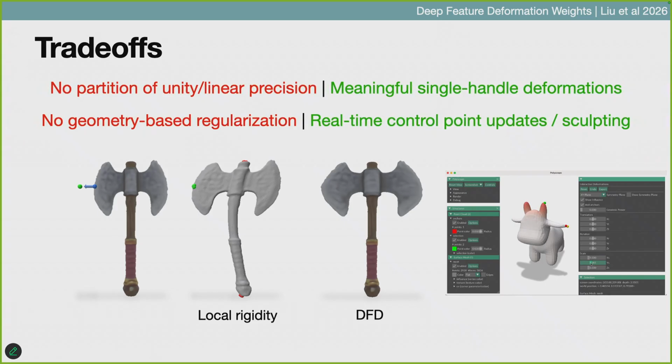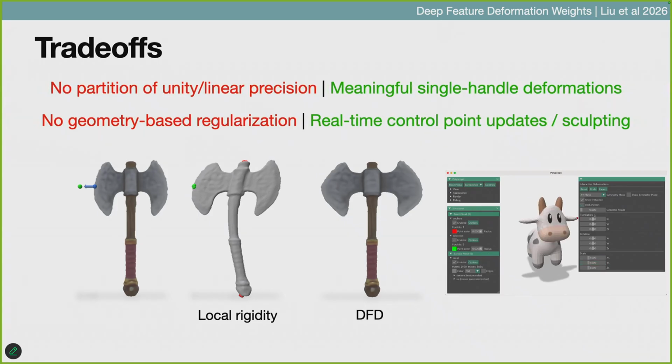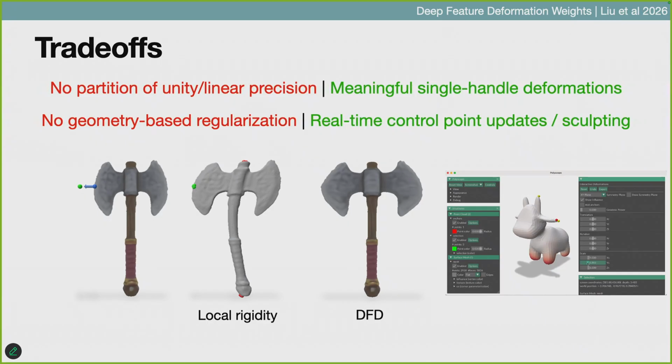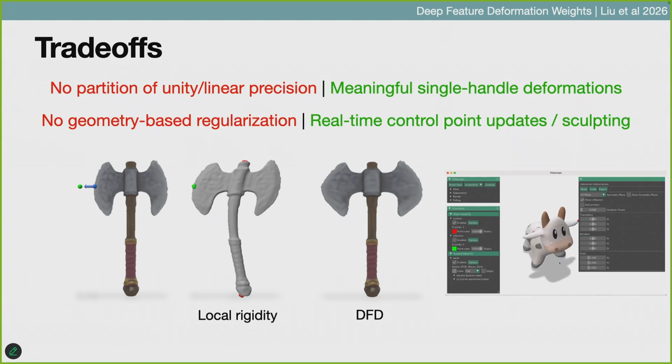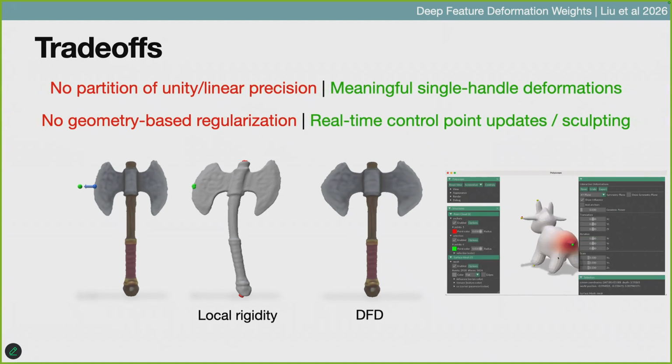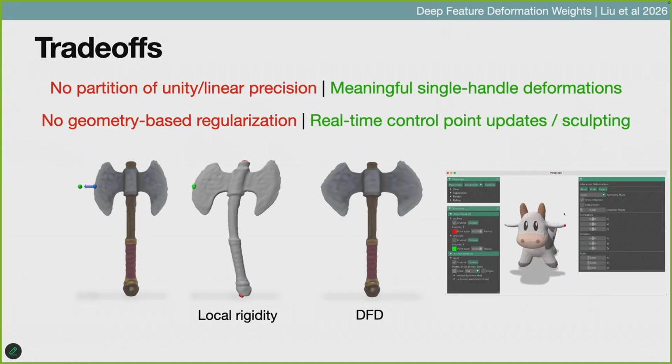And we allow for unconstrained deformation so that we can stretch, scale, and generally distort the shape, which is serving a different need, let's say. You could qualify this in terms of ARAP style deformations being useful for something like a physically plausible animation workflow, whereas a user may want DFD weights for something more like a shape sculpting application.